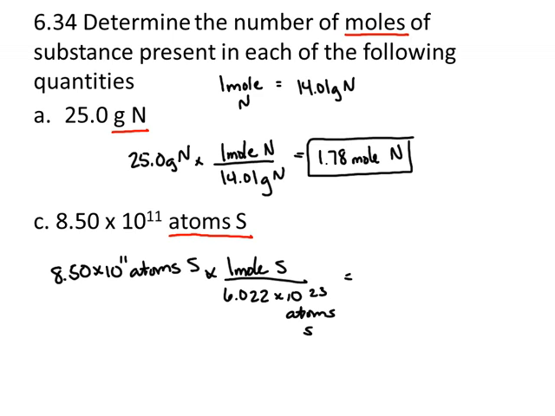So 8.50 times 10 to the 11th divided by 6.022 times 10 to the 23rd gives me 1.41 times 10 to the negative 12th. Atoms. Hold on. I meant moles sulfur, because my atoms have canceled.